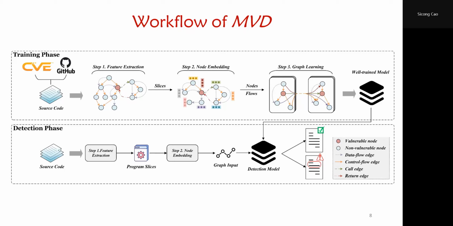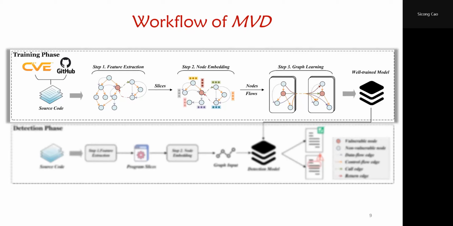The workflow of our approach MVD is shown as follows. It consists of two phases, the training phase and the detection phase. The training phase includes three steps. In step 1, MVD constructs the program dependence graph PDG based on the control and data flow of the program.